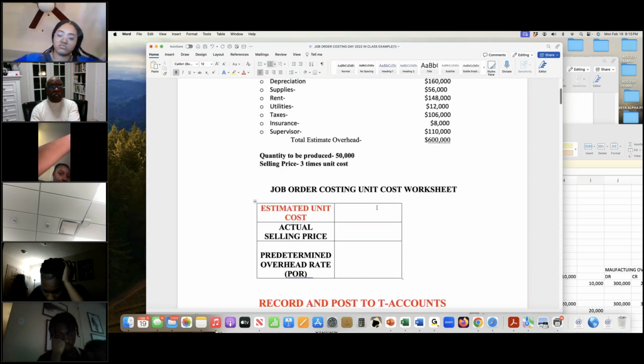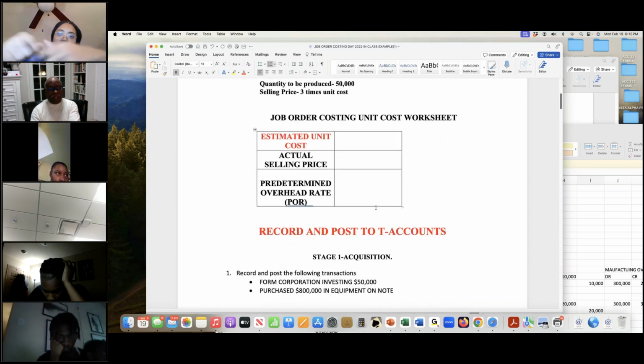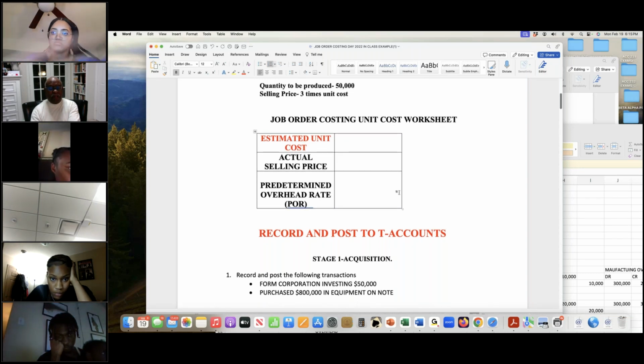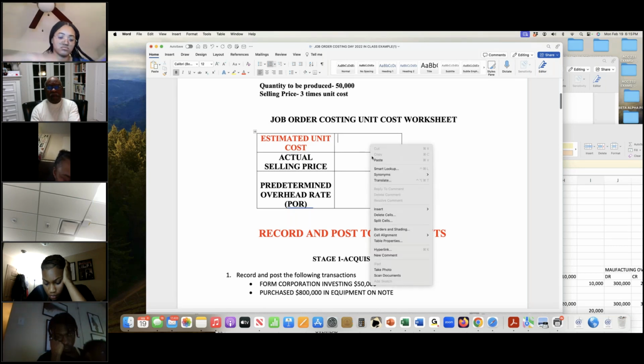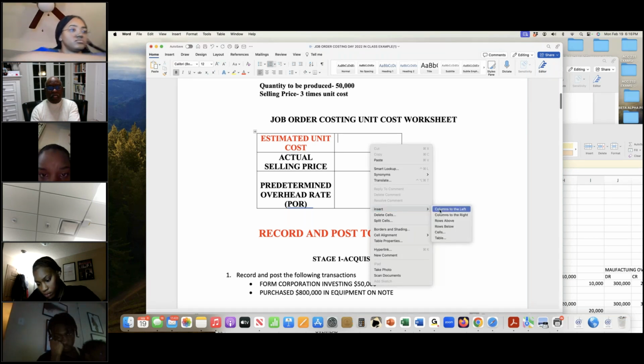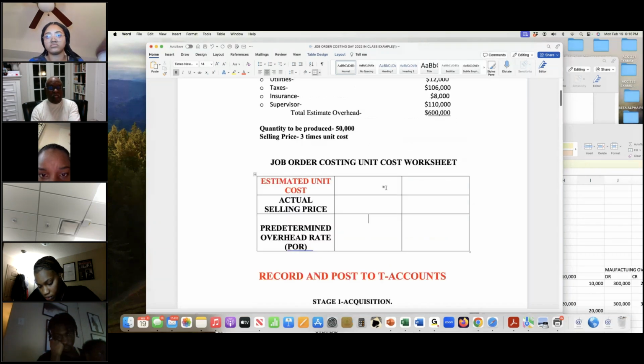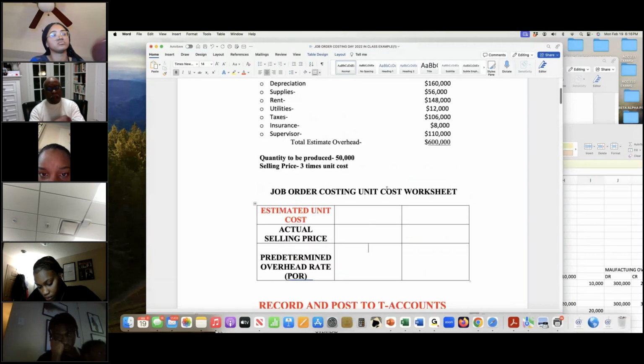So your first job today is, based on this information, to calculate the estimated unit cost, selling price, and POR.